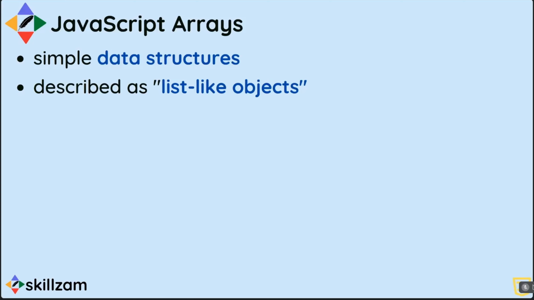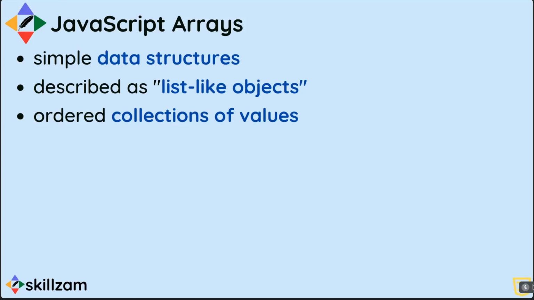They are defined as list-like objects. List-like objects means, let's say there is a shopping cart, and the shopping cart contains tea, coffee, milk, sugar. There is a list. All these can be added to a particular data structure, which we call an array.